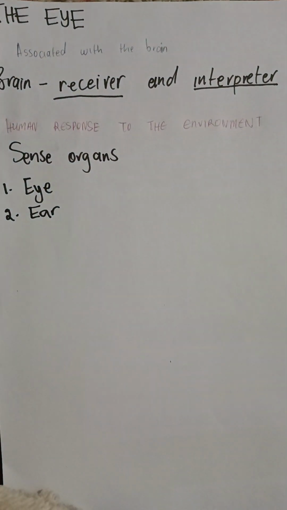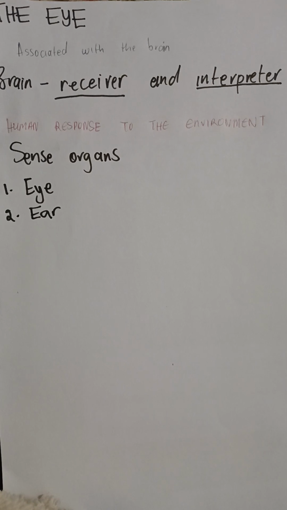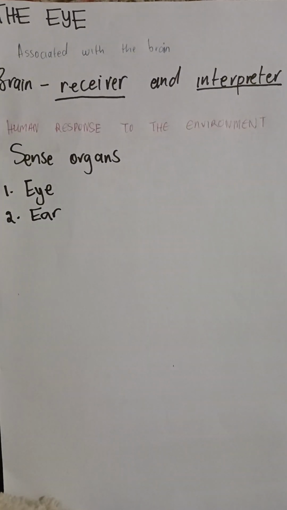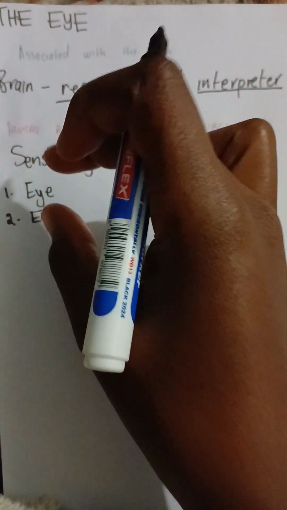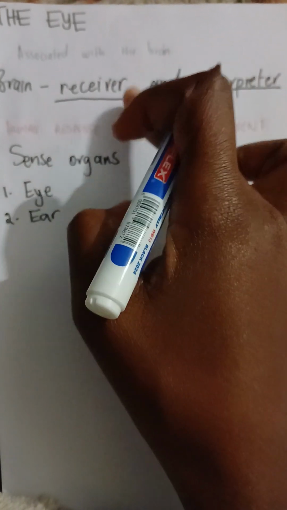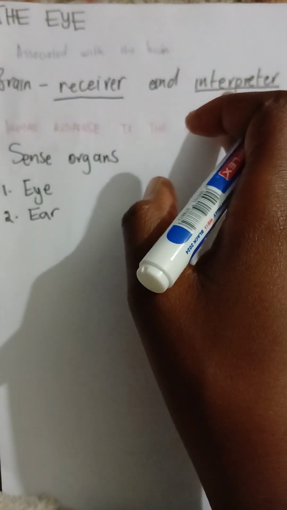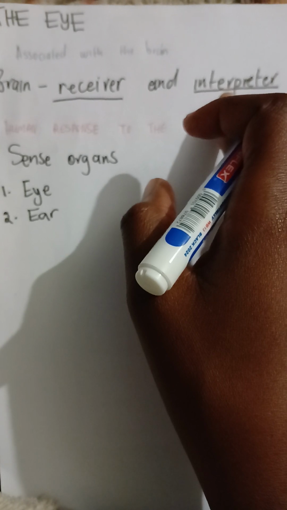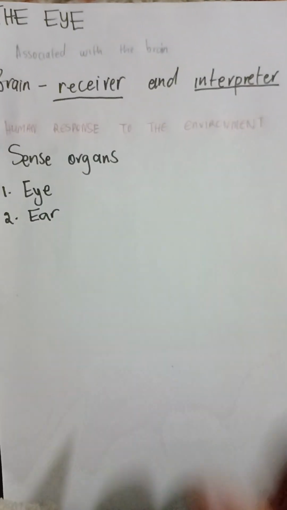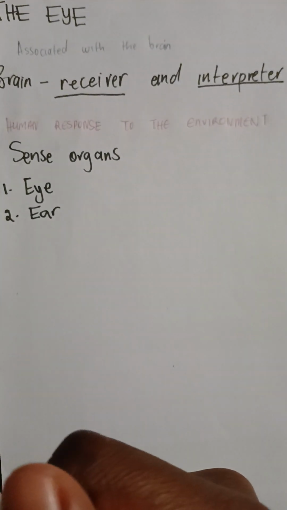These are organs that we use to receive these messages, to interpret these messages. But there are certain functions and factors within the eye, within the ear, that help us to actually receive and interpret, right? We call these sense organs because they are able to sense.